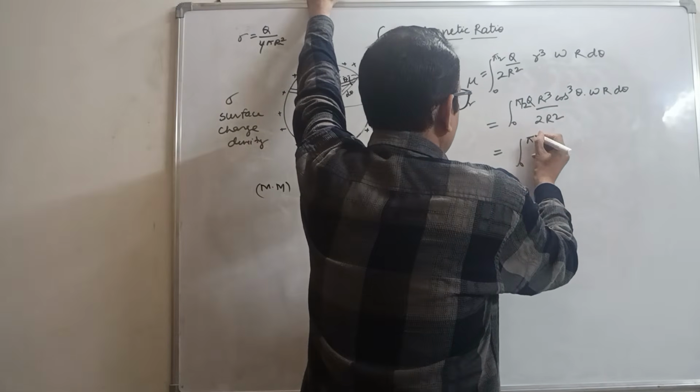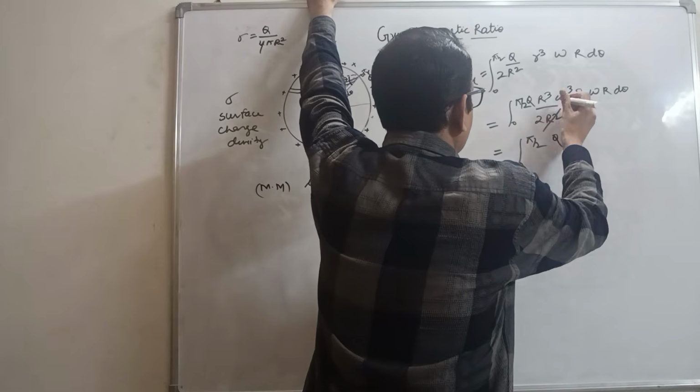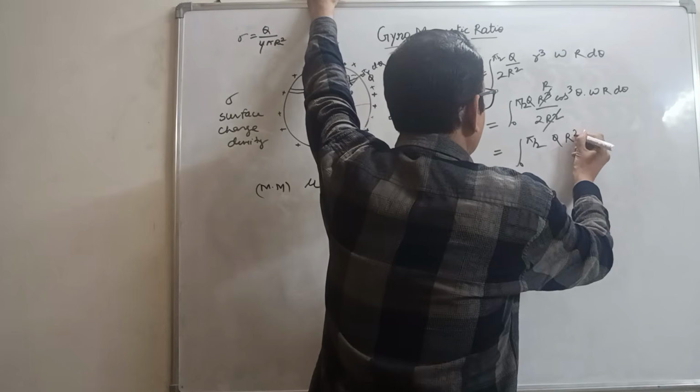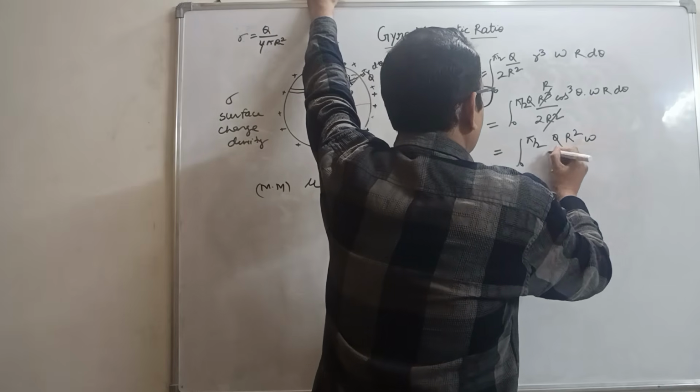So from 0 to pi by 2, this becomes q R square omega by 2.